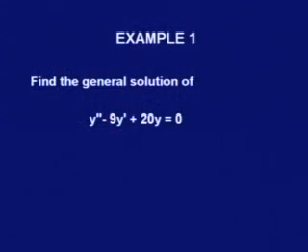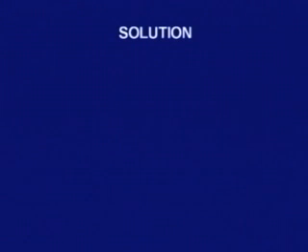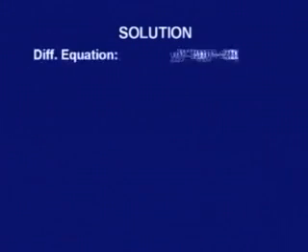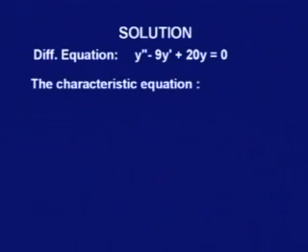First example, find the general solution of y double dash minus 9 y dash plus 20 y is equal to 0. The corresponding characteristic equation would be lambda square minus 9 lambda plus 20 is equal to 0.